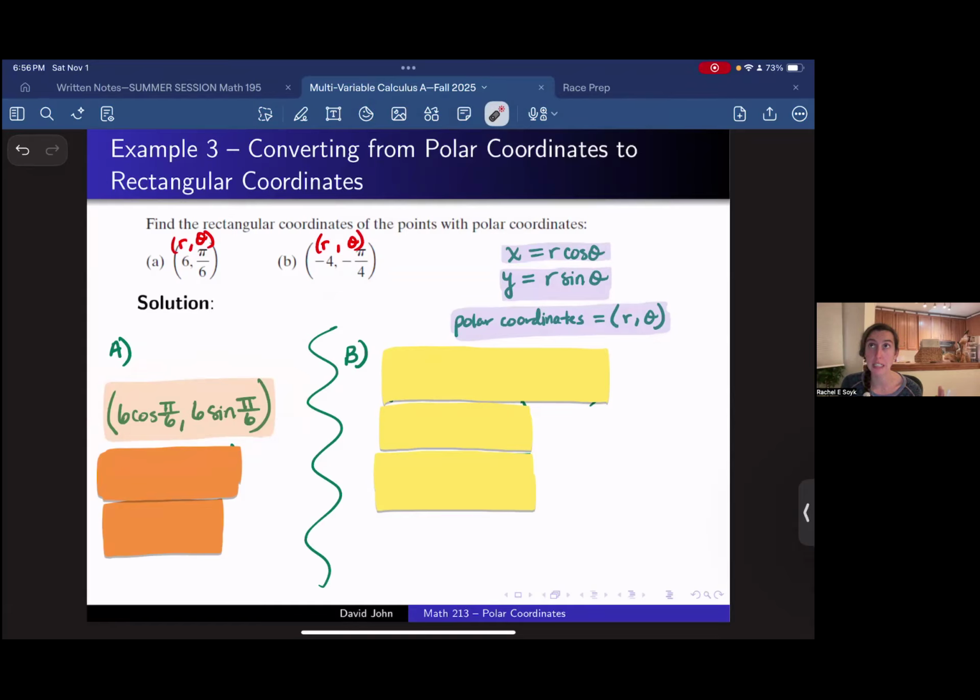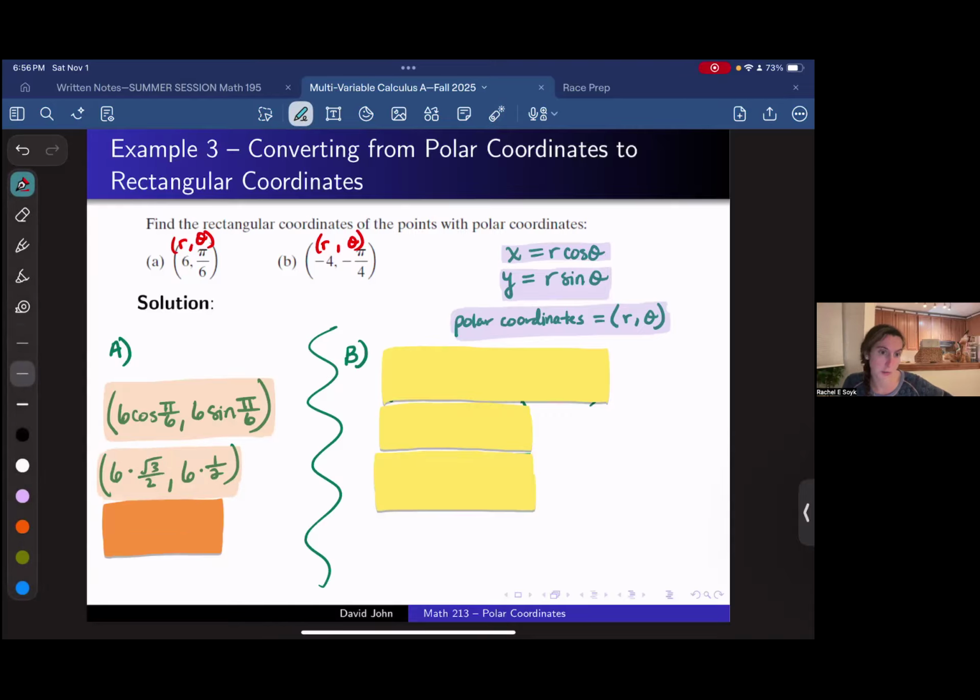Cosine of 30 degrees is square root of 3 over 2. Sine of 30, also known as sine of pi over 6, is just 1/2. So we have 6 times square root of 3 over 2, comma, 6 times 1/2. Let's simplify that. 6 divided by 2 is 3, so our x-coordinate is 3 square root of 3, and our y-coordinate, 6 divided by 2, is just 3. So we get 3 square root of 3, comma 3, and we're done.